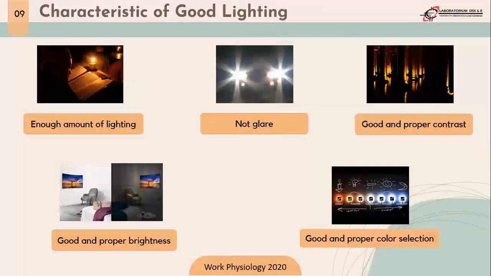For the fifth is good and proper color selection. The suitable chosen color is one that is comfortable for your eyes. For example, if the color of the lamp in the class and the color of the lamp in a classy restaurant are the same, I know it will not be comfortable for the students. So we know that the color of the lamp should be adjusted to the worker activities.